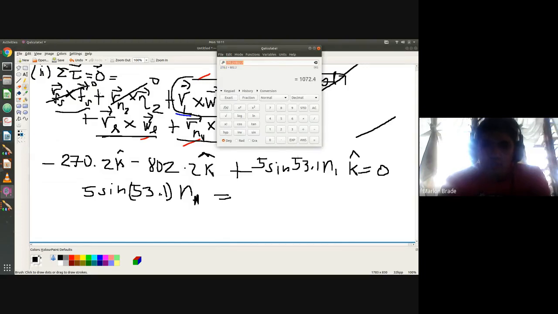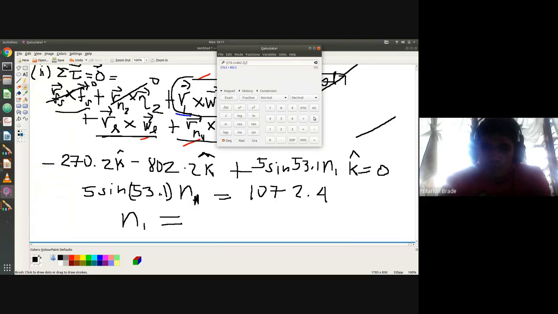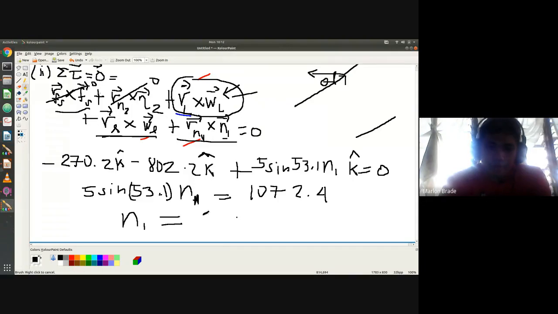So, nakoy 107.4. Okay, so i-divide nako both sides by 5. So, nakoy N1 is actually equal to 107.4 divided by 53.1 sine, so this is 268 Newton.